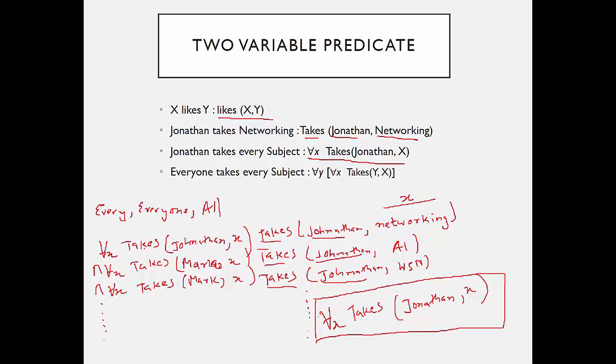So the thing that we saw remains constant is this: for all x, Jonathan takes. So here we see for all x takes, and this remains constant. The only thing that we saw varying is the person who is taking these subjects. Therefore, we'll represent it with a variable called y.